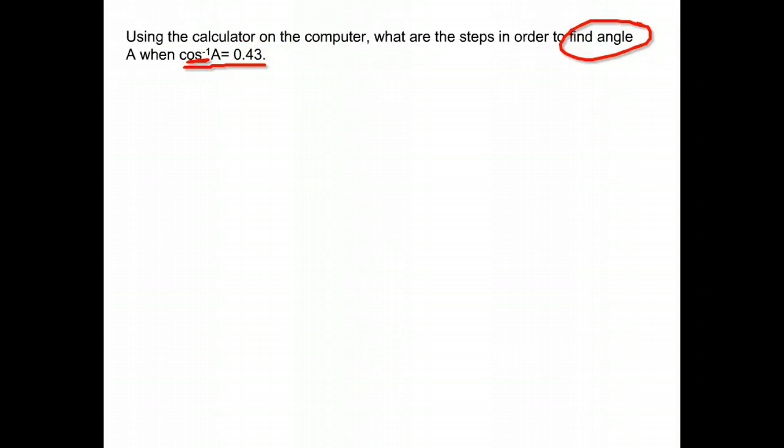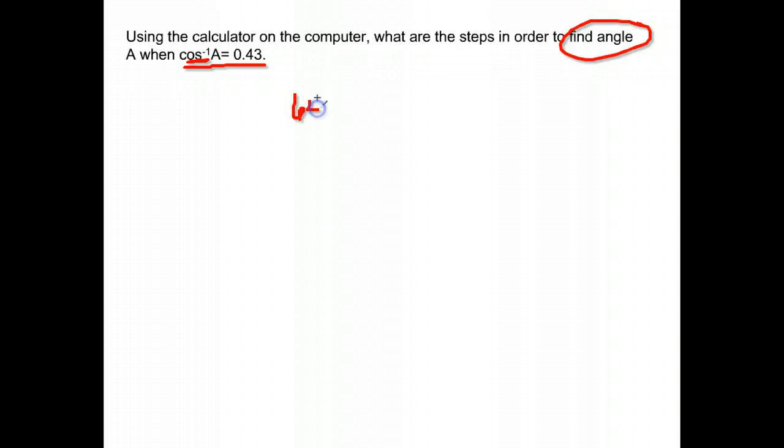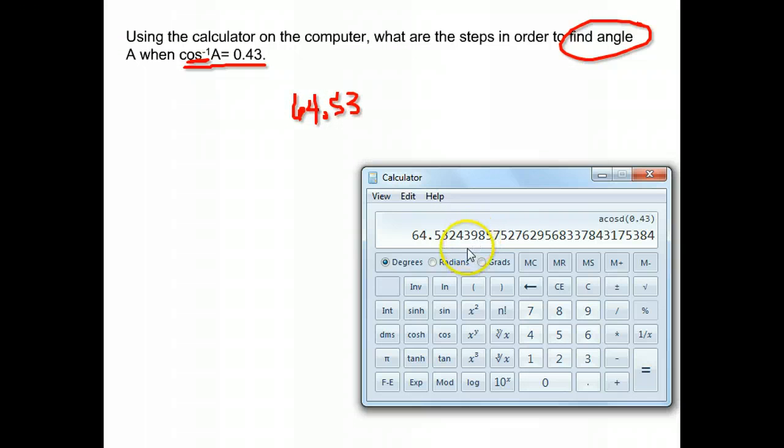So let's bring up our calculator, clear it out. I'm going to put in my 0.43. I'm doing inverse, so I push the inverse button. You put the number in, then you push inverse, then you push cosine on this calculator, and that gives me my answer, 64.53 approximately.